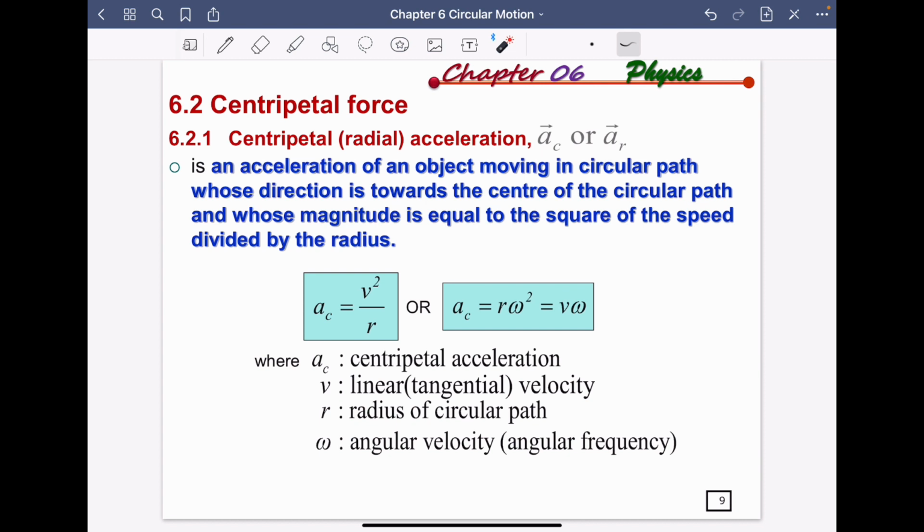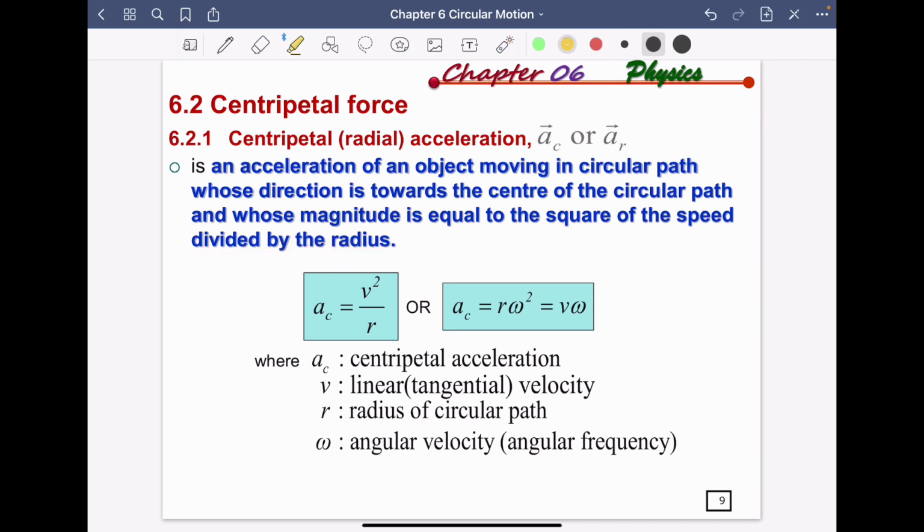AC is an acceleration of an object moving in circular paths whose direction is toward the center of the circular path and whose magnitude is equal to the square of the speed divided by the radius.